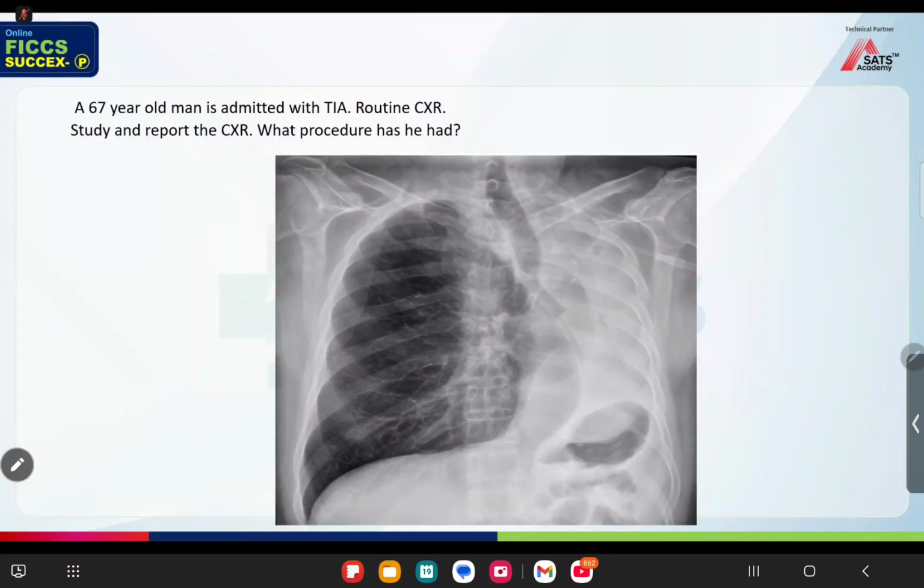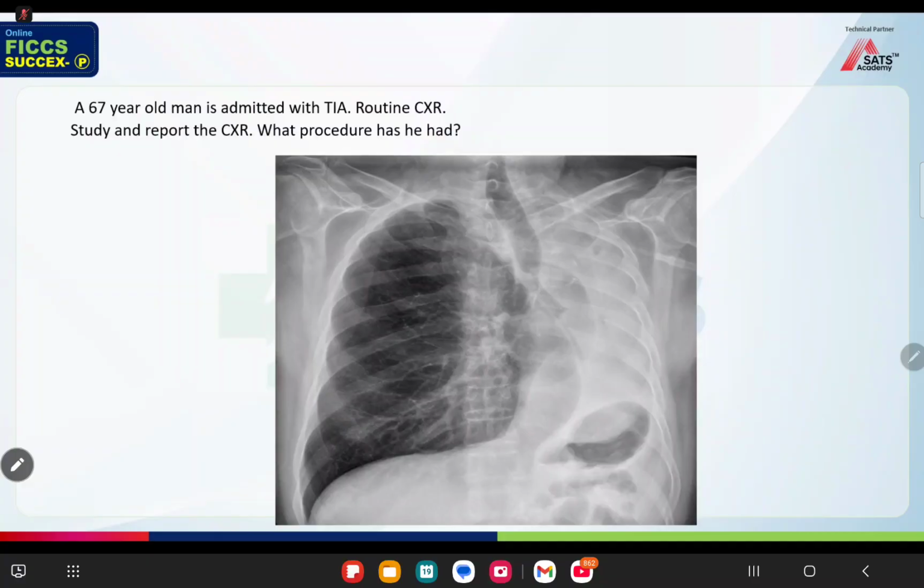This seems like an AP view. The trachea is pulled towards the left side. The left lung field is not visible. Probably there is a bronchus cutoff.